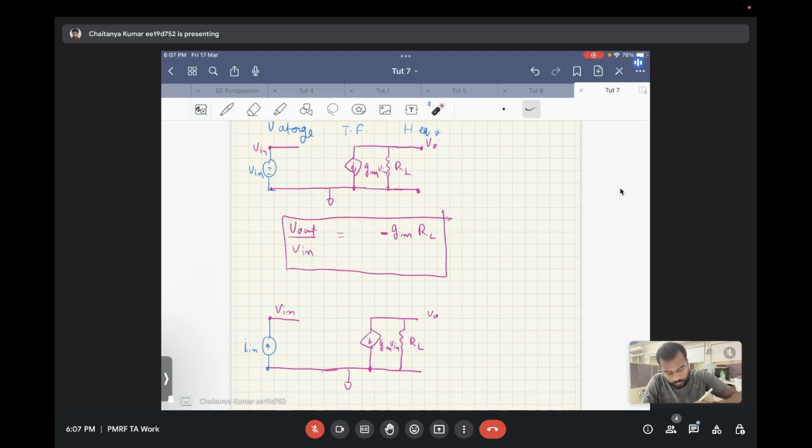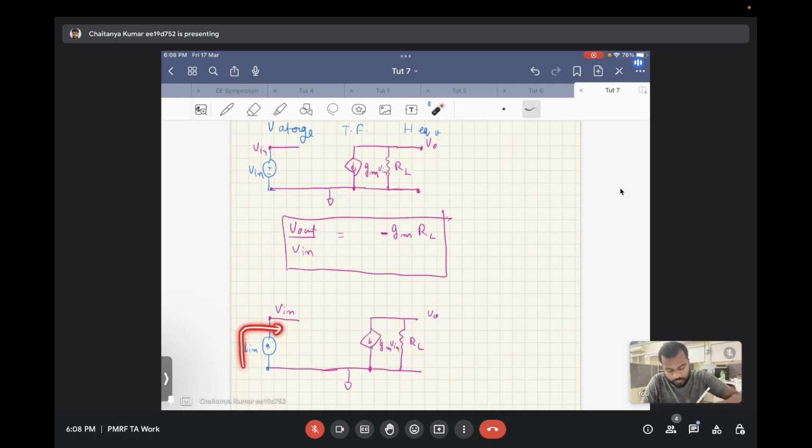Now the current source from input, what is the looking-in impedance for this network? This is infinite, right?